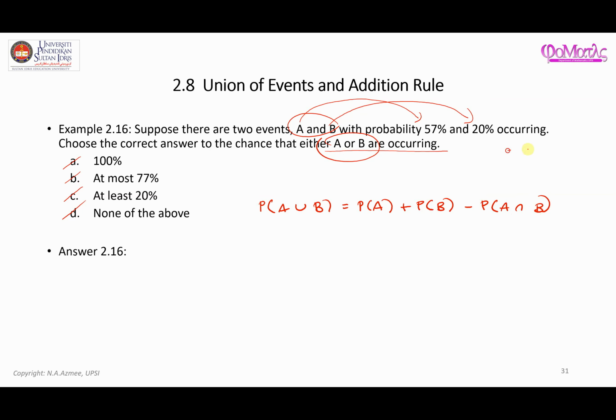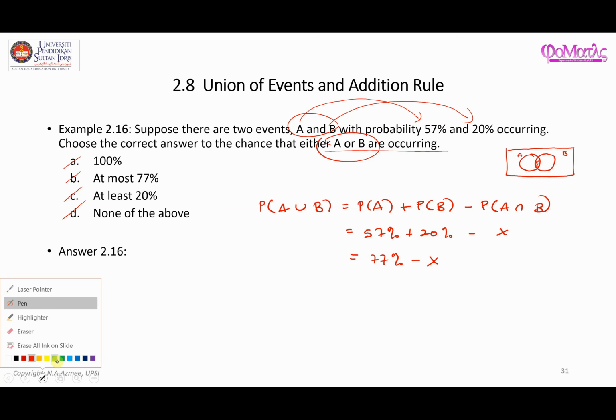So when the events are not mutually exclusive, there will be some sort of intersection area in the middle here for A and B. Okay, so in this case, the result for this one is going to be 57% plus 20% minus something else that you don't know. So it doesn't matter. So here we can assume that the result is about 77% minus some value. So that is the first situation that you might consider when the events are not mutually exclusive.